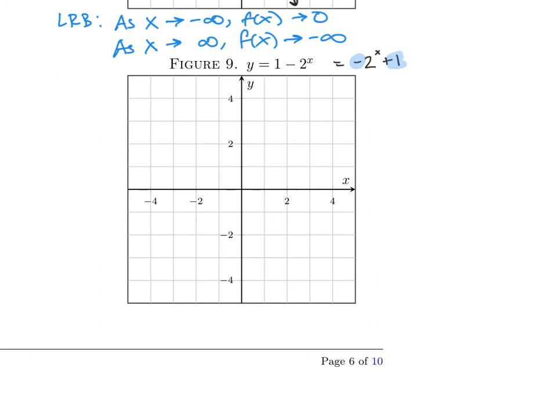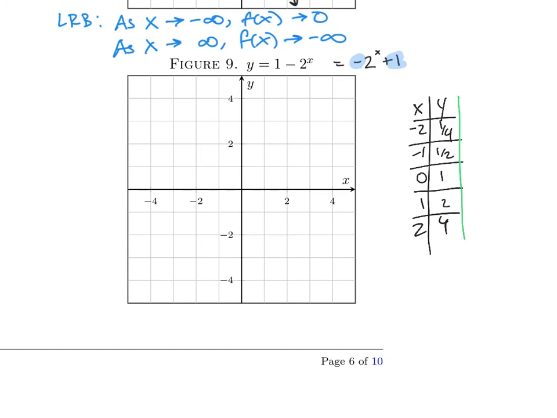So let's make our table. Oops, that is still a highlighter. Let's make our table: -2, -1, 0, 1, and 2, 1/4, 1/2, 1, 2, 4. And we're going to be doing multiple things to these y values. So it is important to reflect before you shift, because multiplication comes before addition.